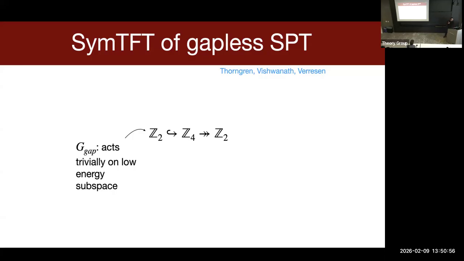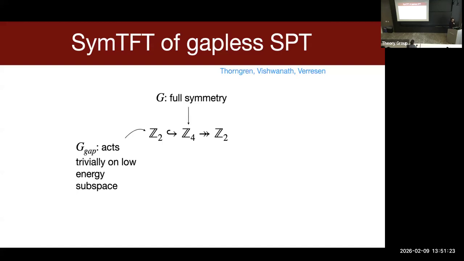But let me assert that the dynamics are such that I restrict myself to a low energy subspace, such that the Z2 subgroup of the Z4 acts trivially. So maybe I put some constraints so that at low energies this Z2 symmetry acts trivially.